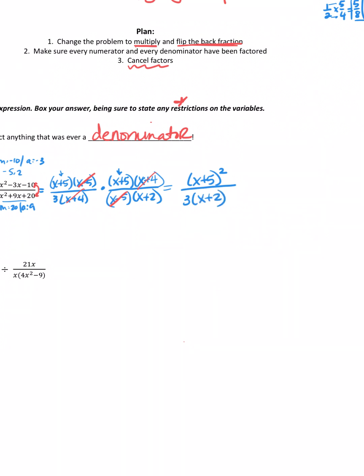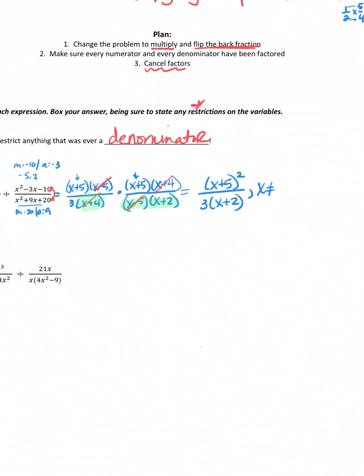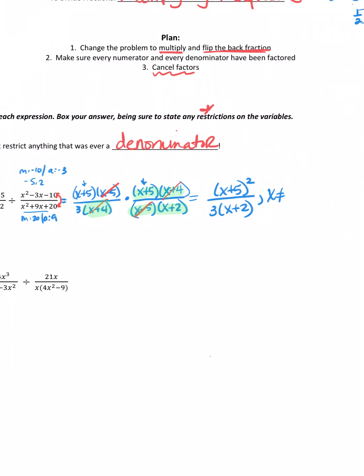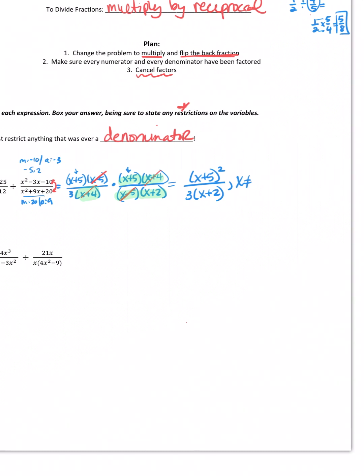Now let's talk about our restrictions. Let's go back to our factored guys. So what was in the denominator to start with? Well, this was obviously in the denominator to begin with, right? This is in the denominator. This is in the denominator. What else was in the denominator to start with? Well, these two were as well, right? So you're going to have more restrictions because we're flipping.